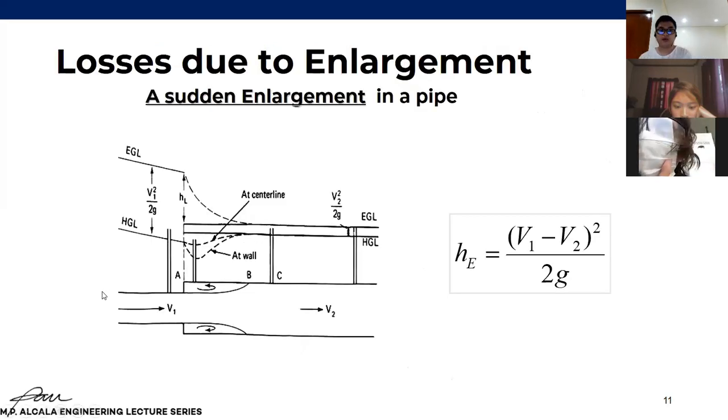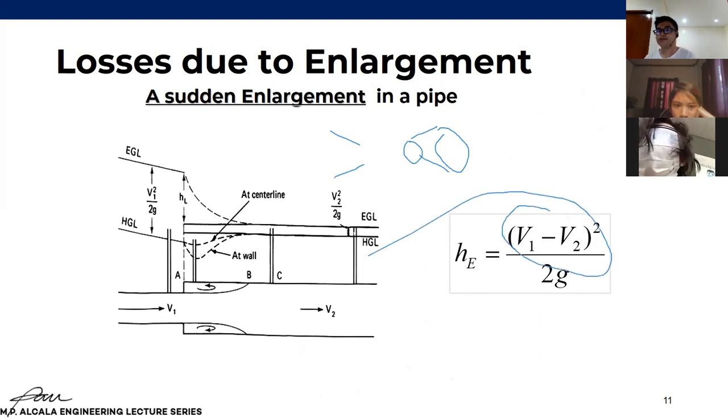Next. Now, how about enlargement? So, binaliktad lang, okay? Kanina, papaliit or getting smaller. Di ba? Ngayon, papalaki tayo. So, you have a smaller area 1 and now you have a larger area 2. So, binaliktad lang yung formula. V1 minus V squared over 2g.